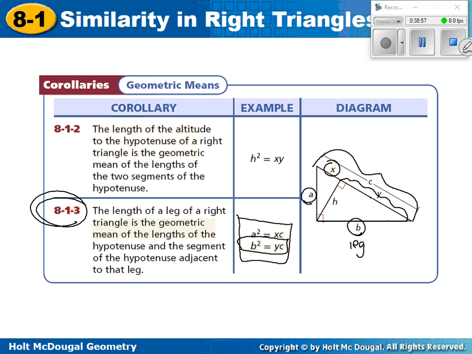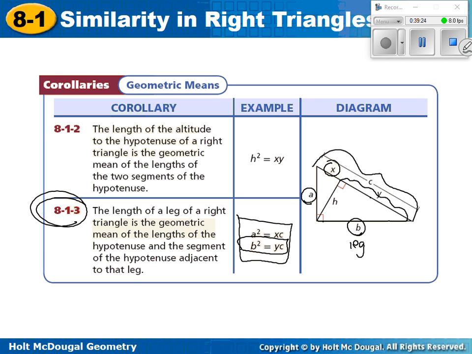Altitude squared, so BD squared, BD is the altitude, will equal, what is AD in this picture? AD is not the leg of the great big triangle. We're only looking at the great big triangle. It's just part of the hypotenuse, right? What's CD in the great big triangle?